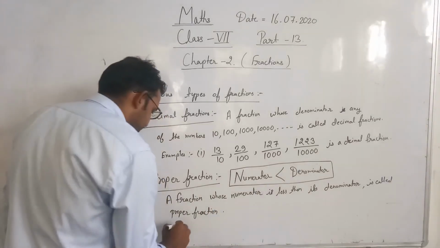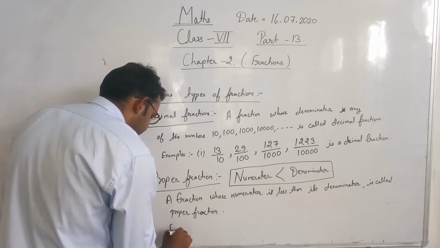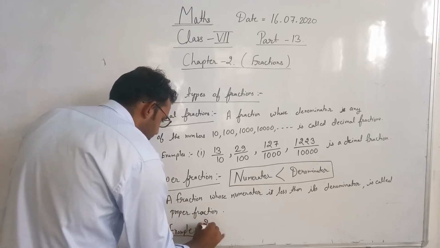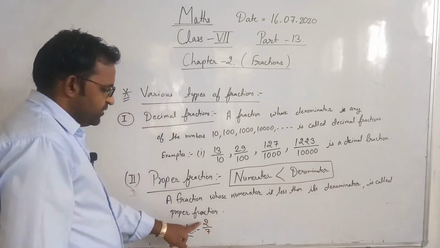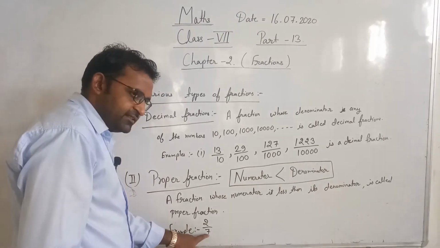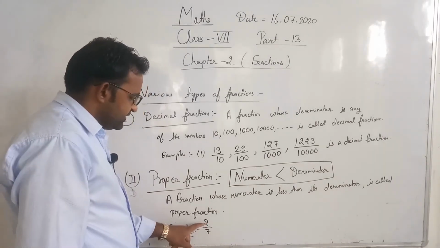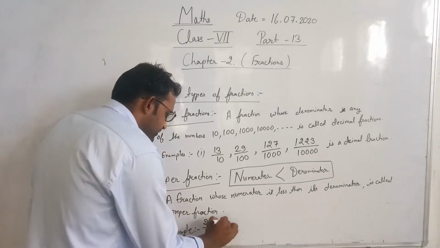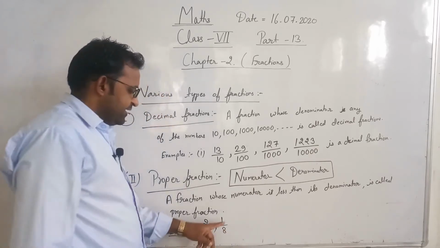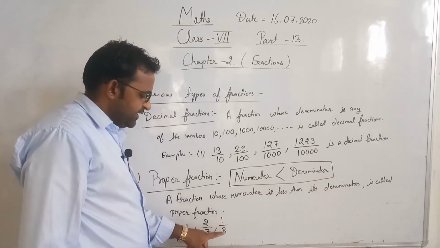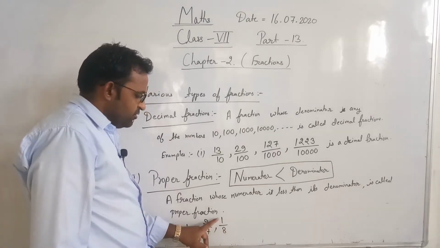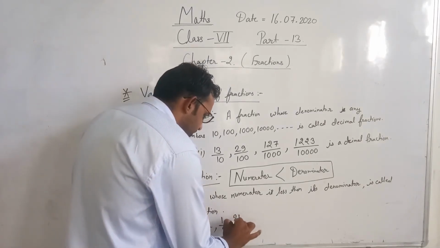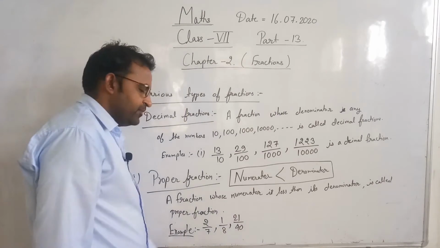Okay, for example, first example is 2/7. The numerator is 2 and the denominator is 7. So the numerator is less than the denominator 7. Next example, 1/8. Again the numerator is 1 and the denominator is 8. So the numerator is less than the denominator. Next example, 21/40.